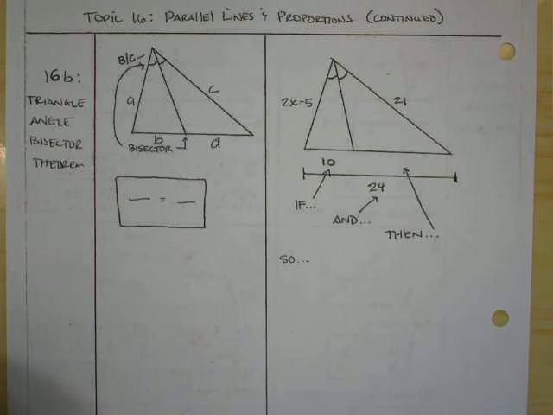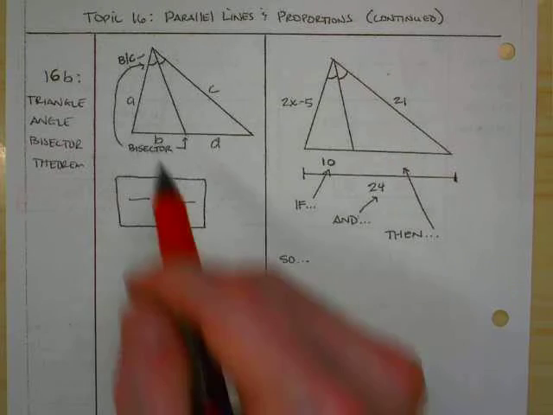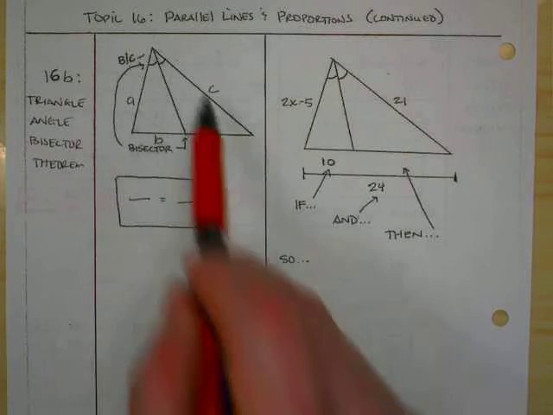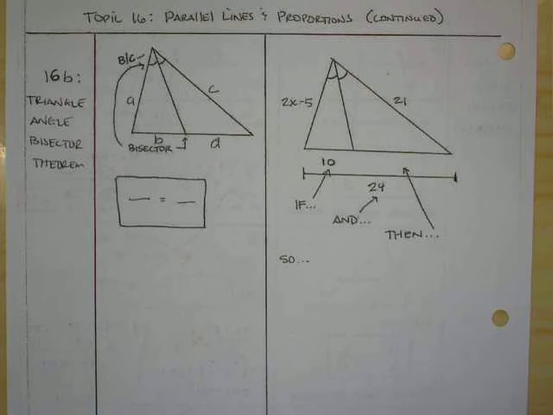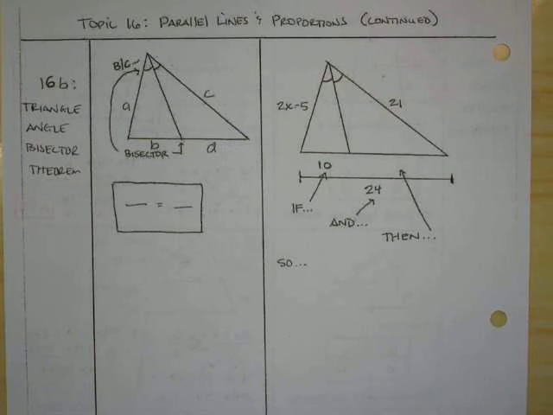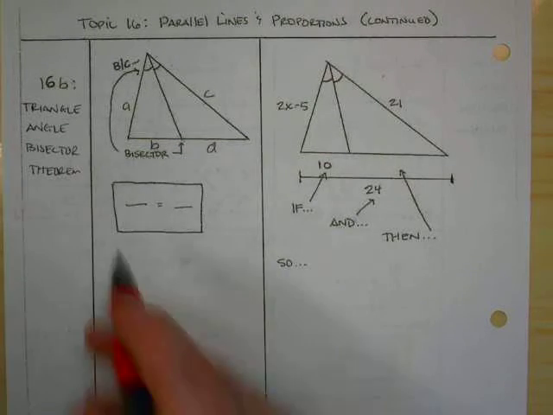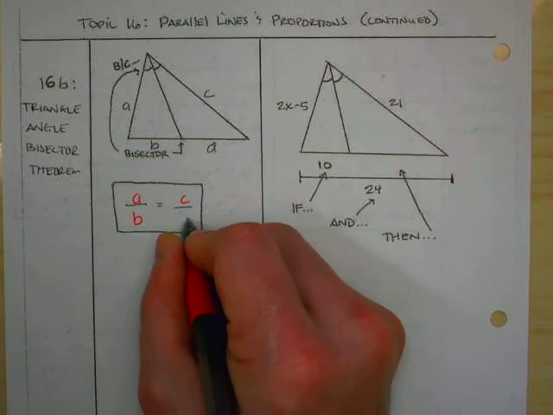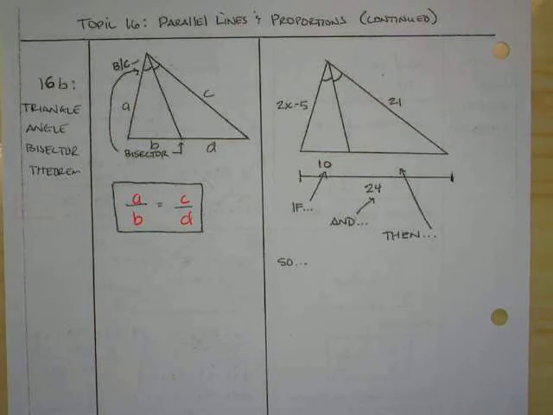Now, in an instance like this, where I have a line going through a triangle that is a bisector of one of its angles, the sides of the triangles are going to be proportionally related to one another. And here again, I can set up the proportion that defines this relationship by saying that A over B equals C over D.